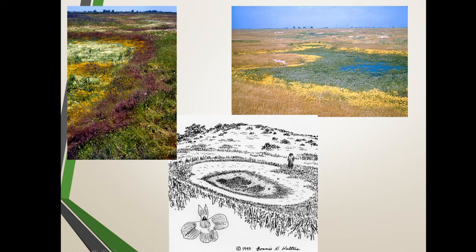We have yellow flowers here, blue flowers here, green, and then here's the water that's left over. Even in the dry system you can see distinct bands. These are flowers that require a specific amount of water, like more water, and that's where they dominate, whereas these flowers will be a different species that require a certain amount of water, like less water basically. So you get these really cool banding patterns in the vernal pools, at least in the very predictable vernal pools.